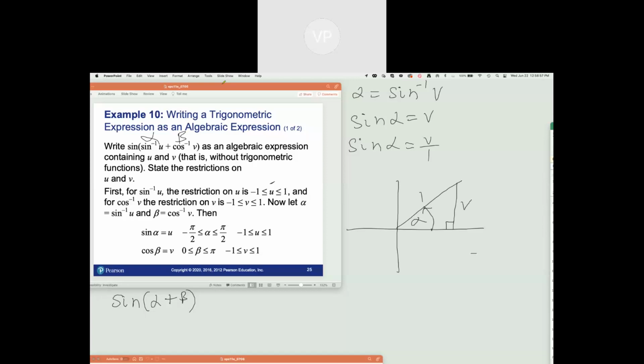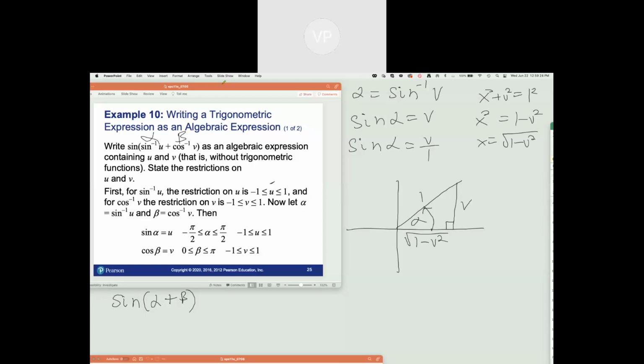Then I have to try to get this value in terms of u, so I do my Pythagorean theorem, and I get x squared equals 1 minus u squared, x equals the square root of 1 minus u squared. It's not pretty, but the goal is everything in my answer should be only u's and v's.